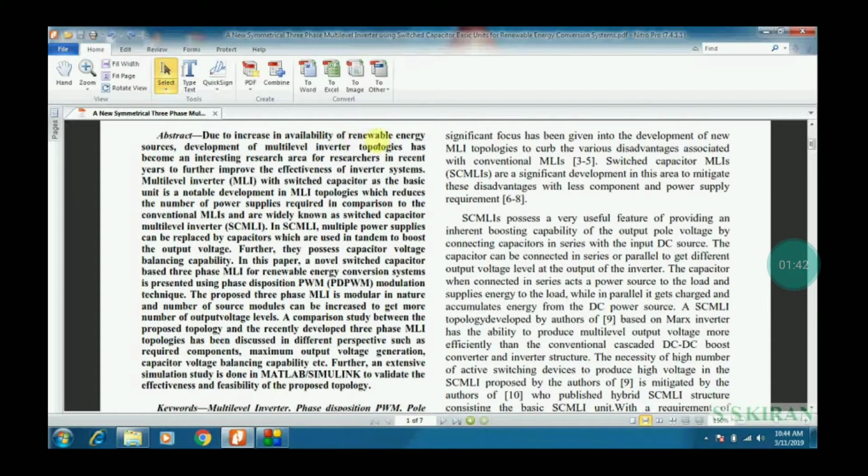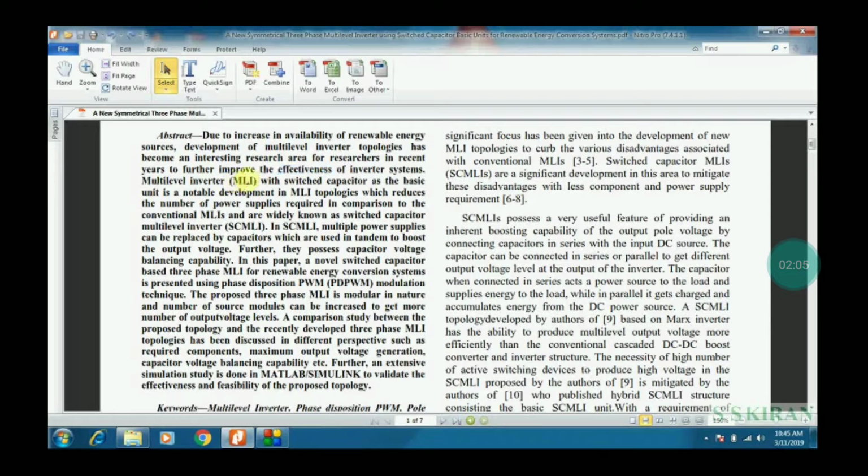Due to the increase in availability of renewable energy sources, development of multi-level inverter topologies has become an interesting research area for students and researchers in recent years.